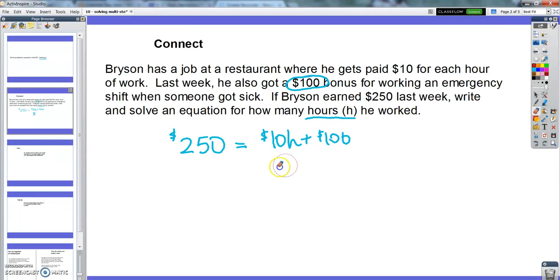And yesterday our strategy was just common sense, to look at that and say, okay, well, for this to work, if he made $100 from the bonus, $250 altogether, this would have to be $150. And if that's $150, it would be 10 times 15 hours.